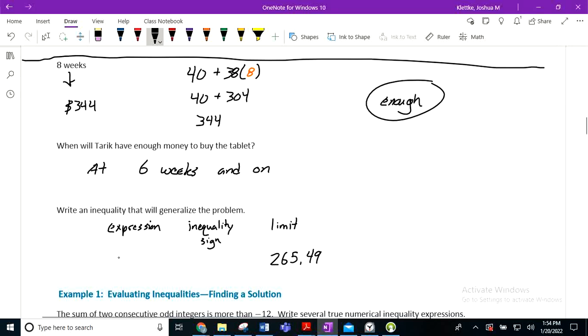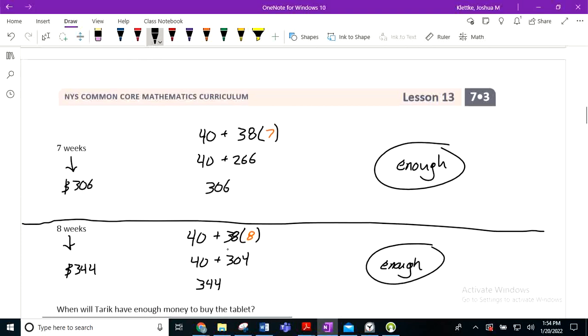Now, before we put our inequality sign, we're going to put our expression. Now our expression for this one was 40 plus, then I put 38, and then after it, that was where each one was different.